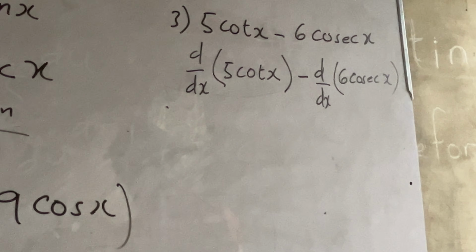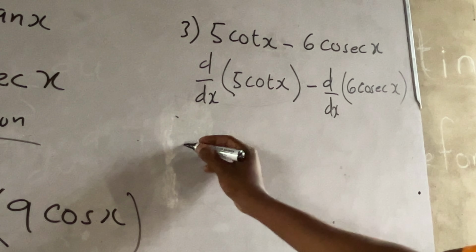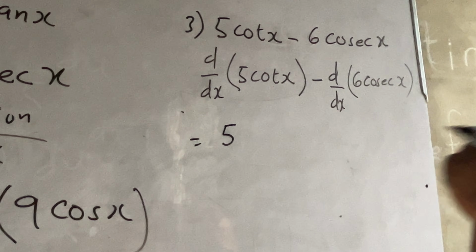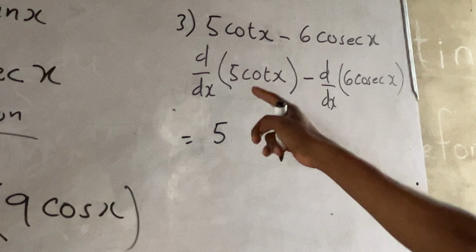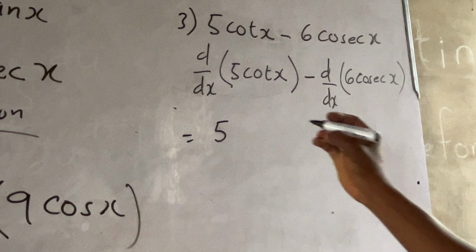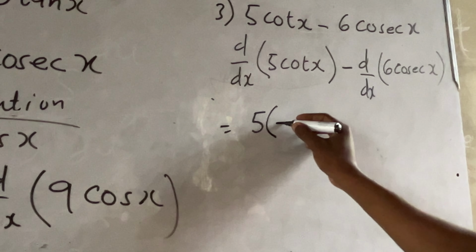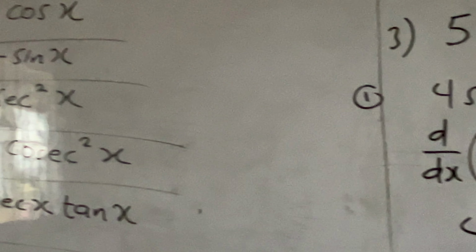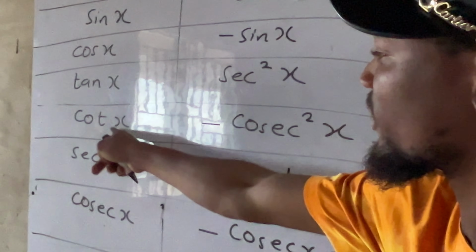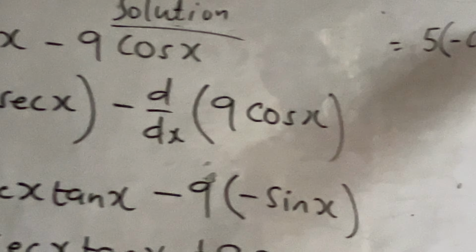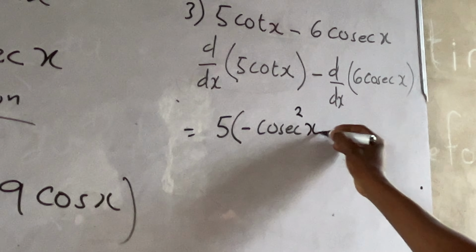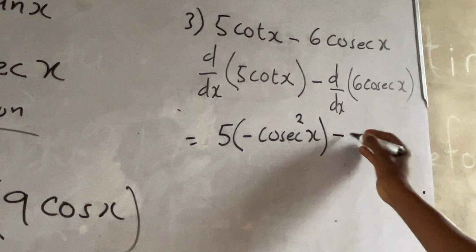Now we have 5. When you differentiate cot x from the board, we had negative cosec squared x. Then I have my minus here.